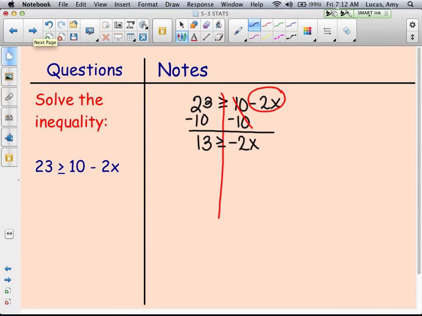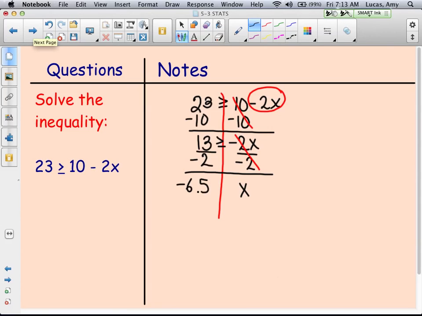Remember, what starts as an inequality stays an inequality. So please do not lose your inequality symbol. Now the second step to get the x by itself would be dividing by negative 2. And if you divide both sides by negative 2, the negative 2 in front of the x cancels out, you get negative 6.5.